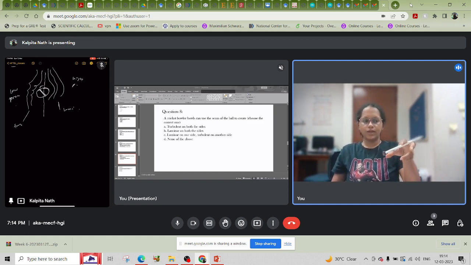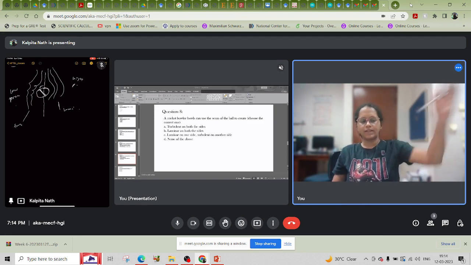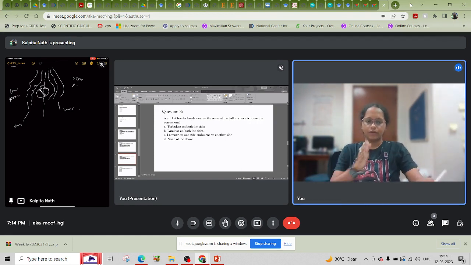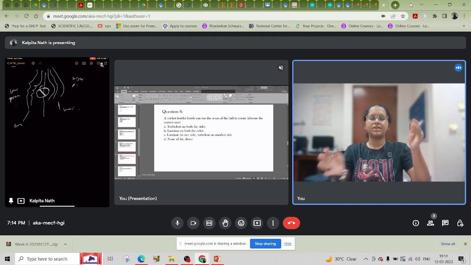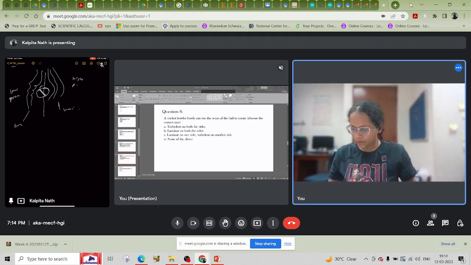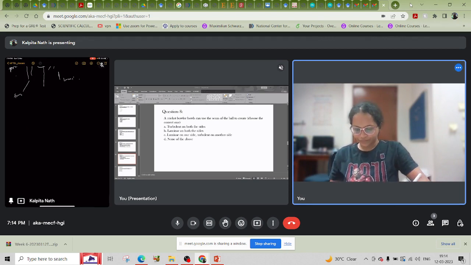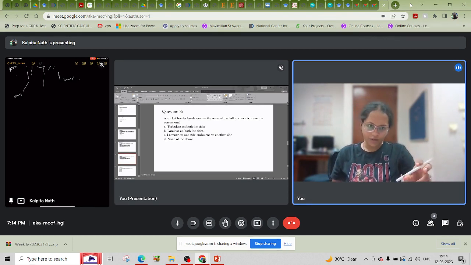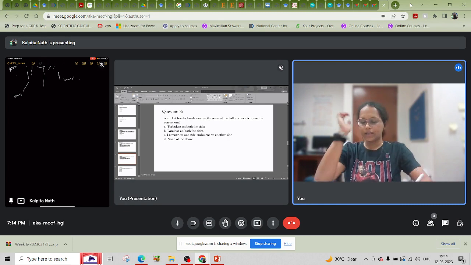So if we throw like this, the ball will swing from the high pressure laminar side to the low pressure turbulent side. So the ball will go like this. The ball will move in the direction of the swing. This is in the case of a new ball.